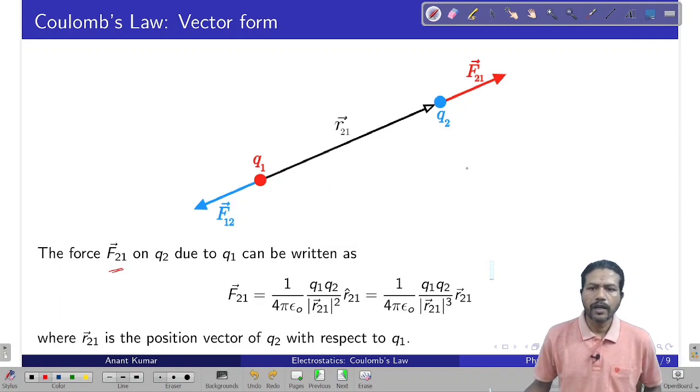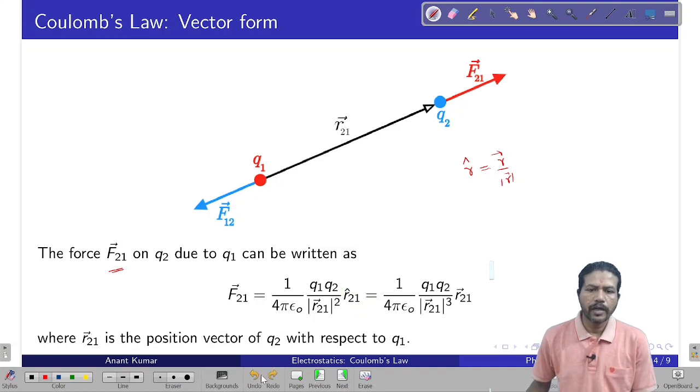By using the fact that any unit vector is nothing but the vector divided by its own magnitude, we can write down the vector R21 divided by mod of R21 cube, because one of the modulus was coming from this unit vector that gets absorbed into the power, as a result of which we end up getting mod of R21 cube over there.